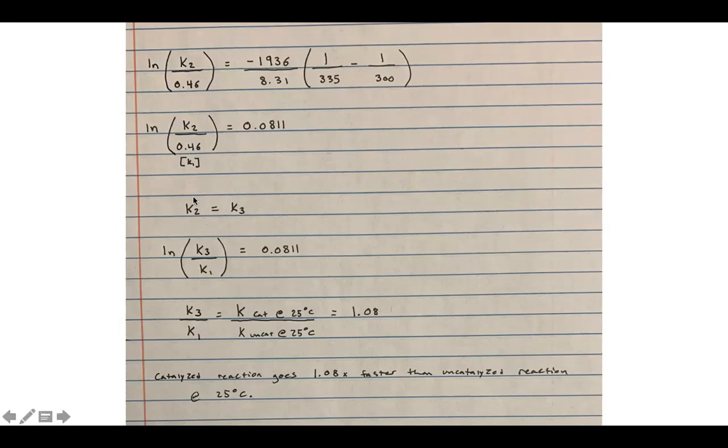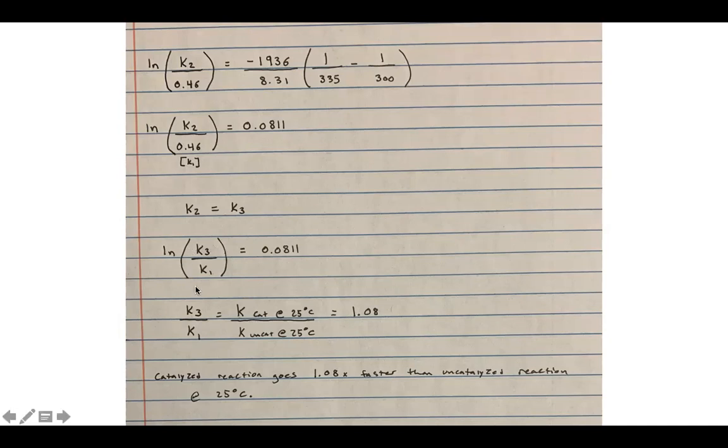So I'm just going to substitute K2 for K3 here because they're equivalent in value. They actually asked me not to solve for what K3 is, but they ask how much faster the catalyzed reaction at 25 or 27 degrees Celsius is than the uncatalyzed reaction.